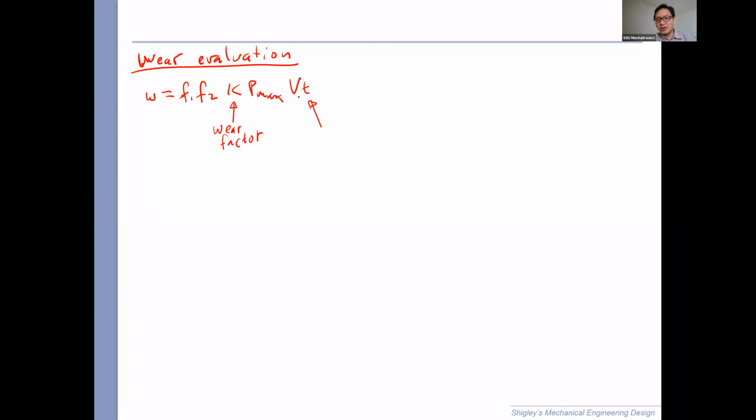Okay, but let's talk about the wear factor first. If wear factor is higher, then is it a harder or softer bushing? Any other opinion? Nobody? You're all asleep. Still thinking.